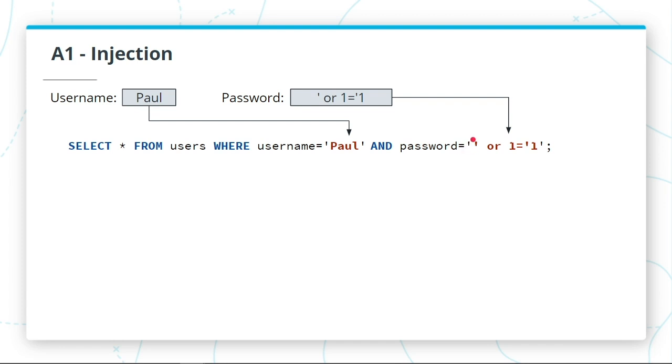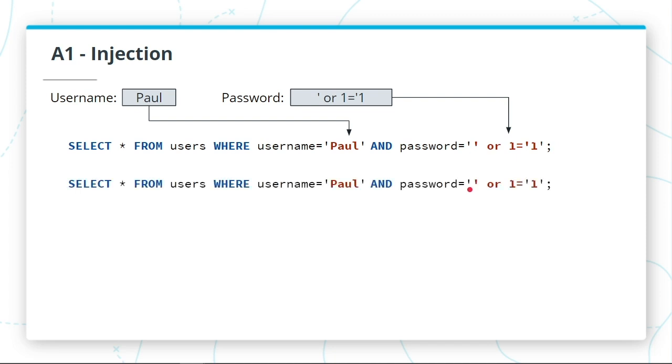This is a false statement. I put the or command to say or 1 equals 1, which is a true statement. And then on the back end, you can see in black the single quotation to close the string. The intent of the database is to enter your password between the two black single quotation marks. However, by injecting another quotation mark, I've manipulated this command to say something different.